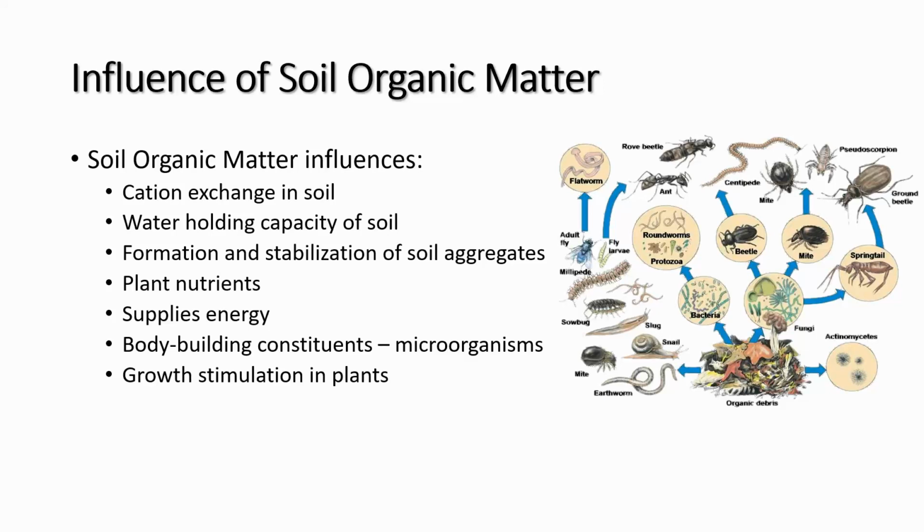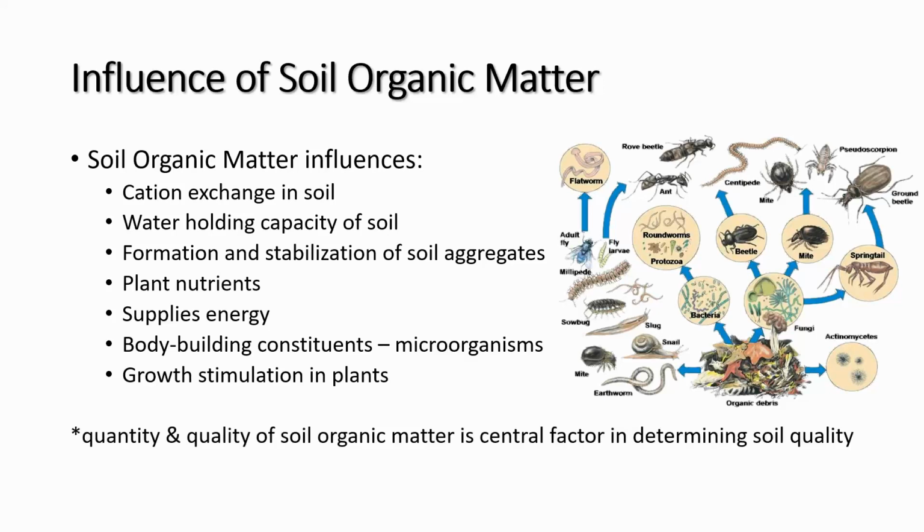So what we understood from this point of view is that the quantity and quality of the soil organic matter is a central factor that determines the soil quality, soil health. If we talk about the soil quality, how is it? Soil quality is good, very good, excellent, bad, worst.